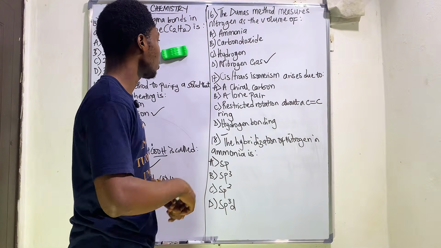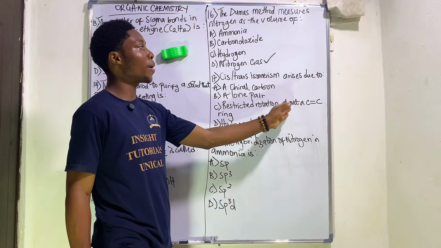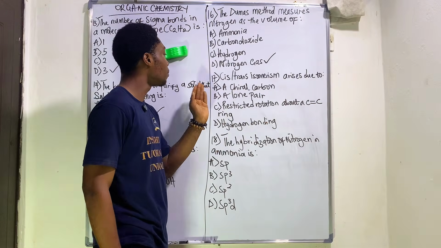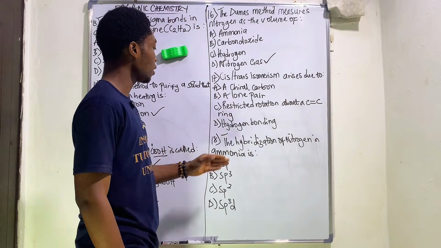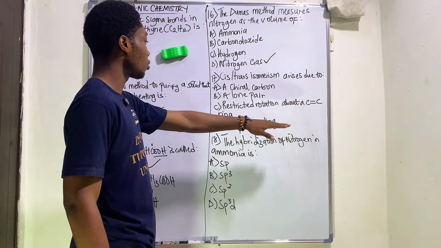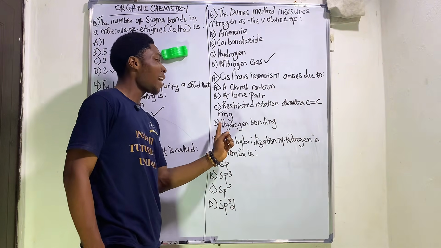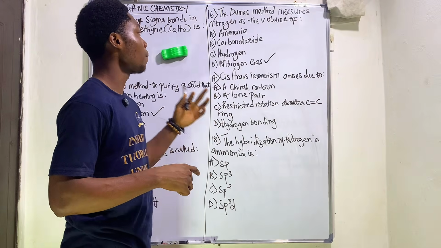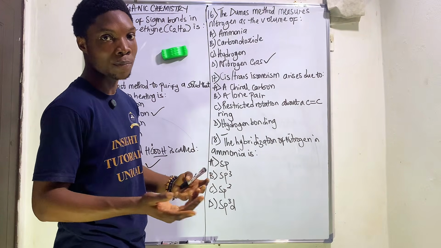All right, next question. Cis-trans isomerism arises due to A, a chiral carbon, B, a lone pair, C, restricted rotation about a carbon double bond, D, hydrogen bonding. All right, so now do you know that cis-trans isomerism is geometrical isomerism, right?